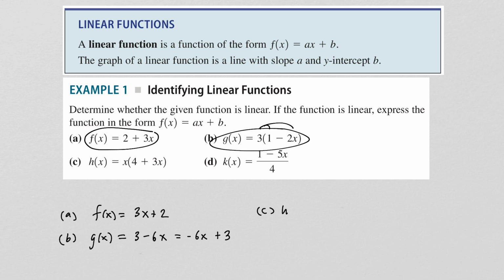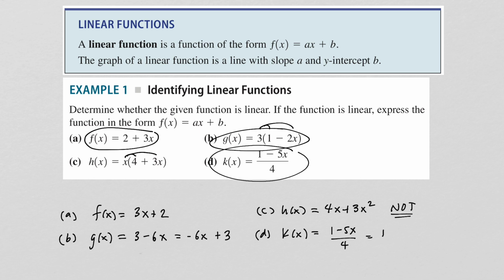In part C here, we have h of x is equal to 4x plus 3x squared. And this is clearly not linear, right? Because linear functions do not have an x squared term. And finally, in part D, we have k of x is equal to 1 minus 5x over 4.